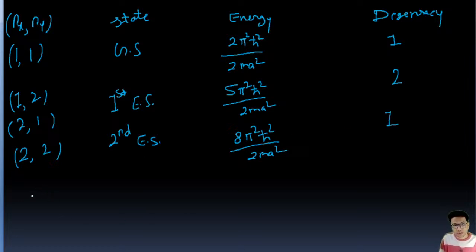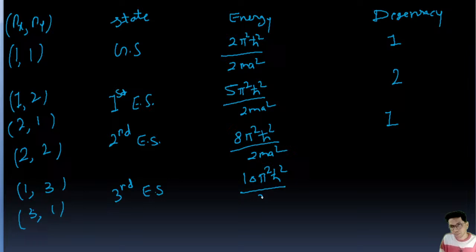Now for third excited state, it is going to be 1 comma 3 and 3 comma 1, and energy is going to be 10 pi square h cut square upon 2ma square.